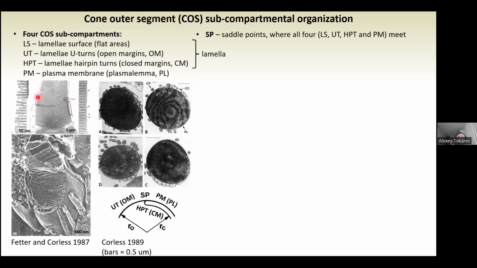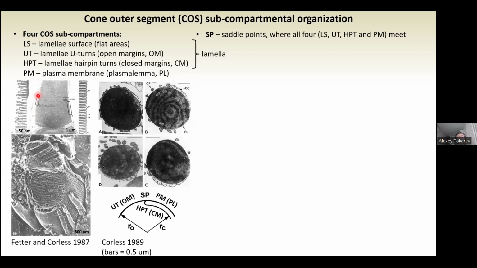Then this membrane turns in this part of the cell, and we call it U-turn. And another part of the cell is where the plasma membrane is located. Here we see the plasma membrane, which is hardly recognizable because the membrane is a very thin structure. Under the plasma membrane, the membrane turns as a hairpin turn.